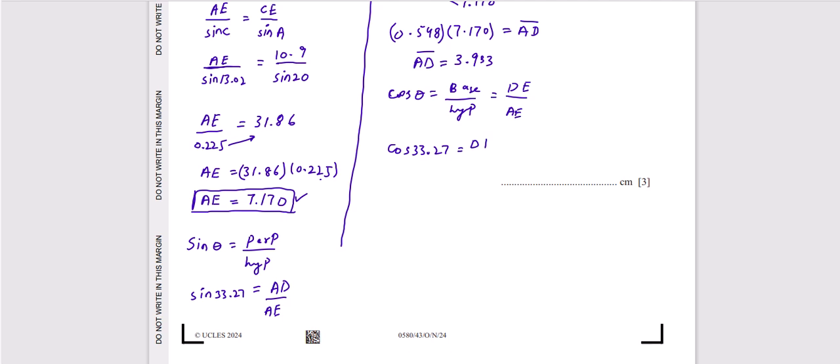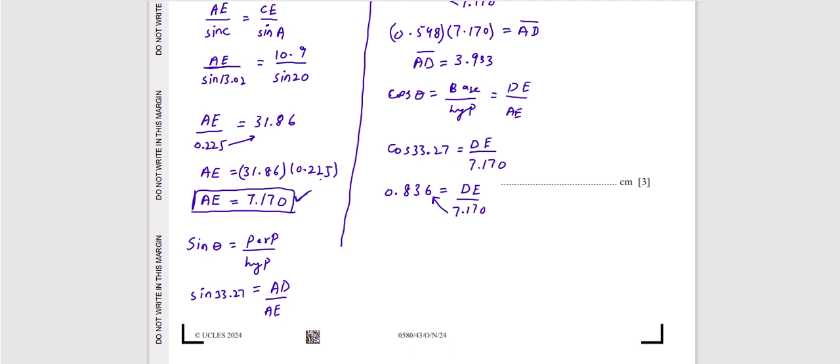So DE is divided by AE, A is this one, 7.170. Calculate these values, that is equal to 0.836, is equal to DE divided by 7.170.